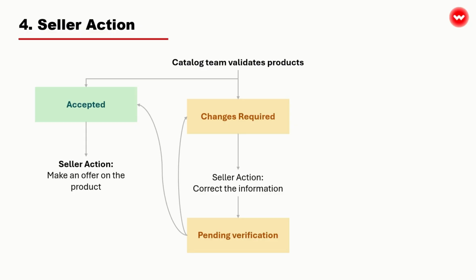Once that's done, the product will move to pending verification, where the catalog team will review it again. And if the product is rejected, unfortunately, no further action is possible. That product cannot be sold on the marketplace.